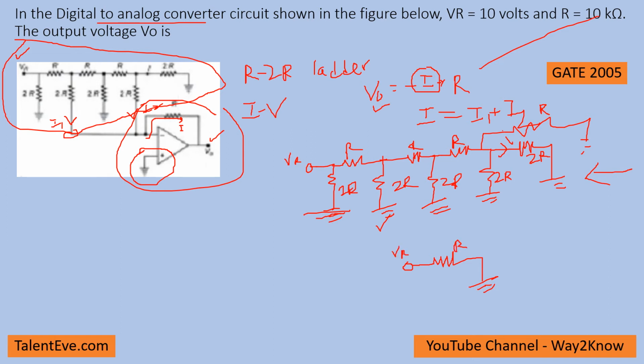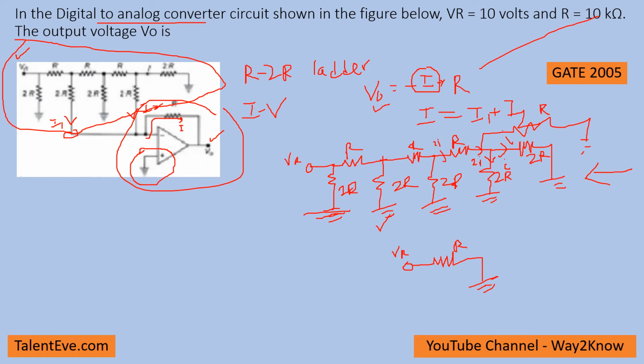Now let us consider the current into this node. It is given as I here. Because this is 2R and this is 2R, both the same resistance, this will be I here. As per Kirchhoff's current law, this will be 2I, because I plus I is 2I.